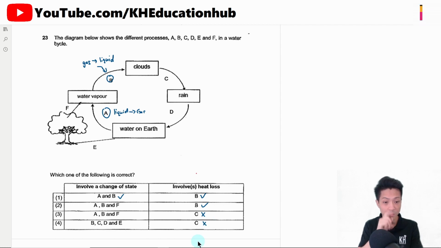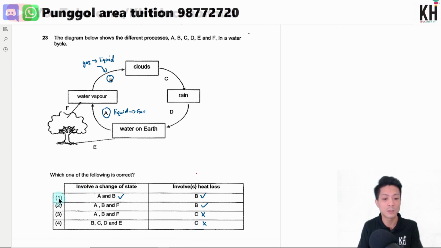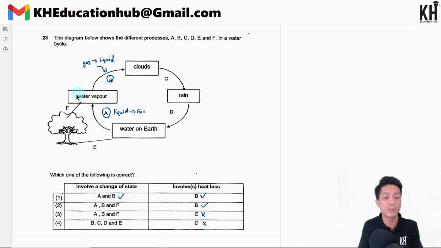So we are left with option 1 or 2 because F, I wasn't sure. F is changing into water vapor. So in this case, basically the liquid in the leaves will evaporate into water vapor. So this is also a change of state. So the answer will be number 2.